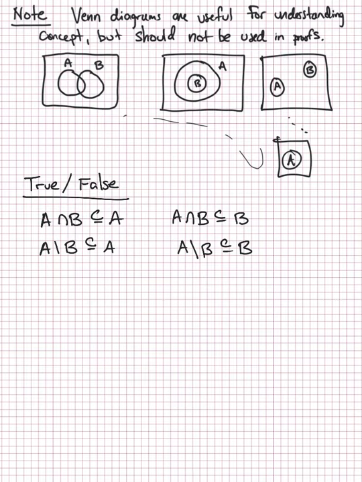Let me do one more: A union B complement is A complement intersect B complement.